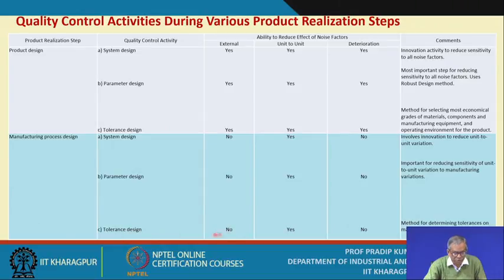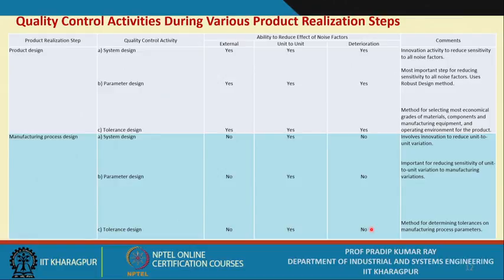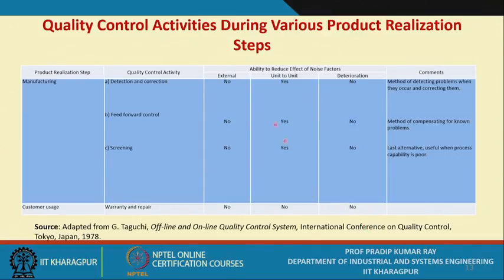When you reach the tolerance design, again you have the same conditions for taking preventive measures to control the effect of the external as well as the internal noise factors. Then we move to the manufacturing stage. Obviously at the detection or correction stage, that is quality control activity, against unit to unit variation you have some action you can take.